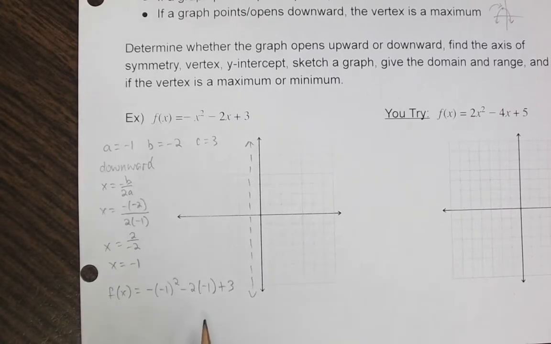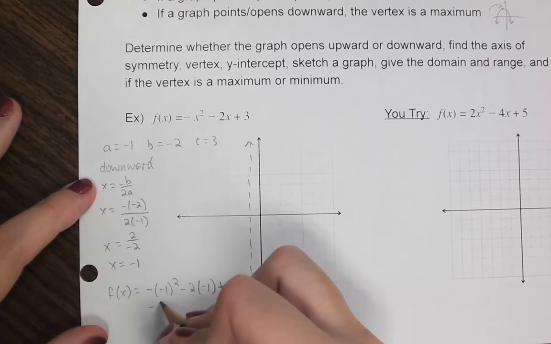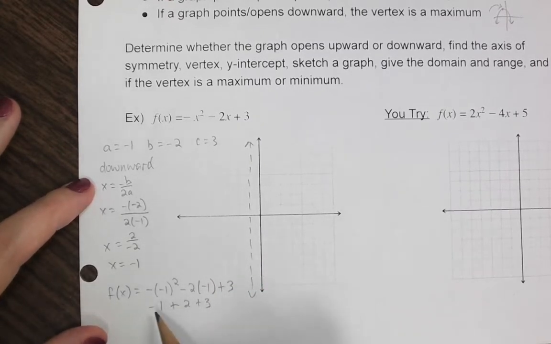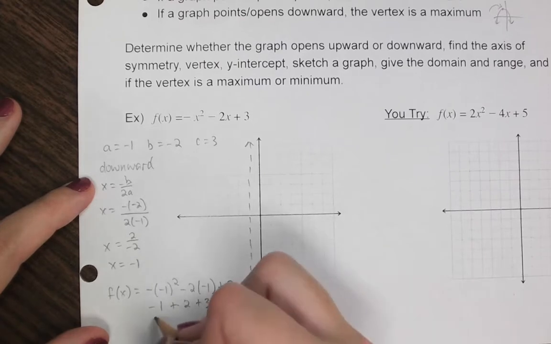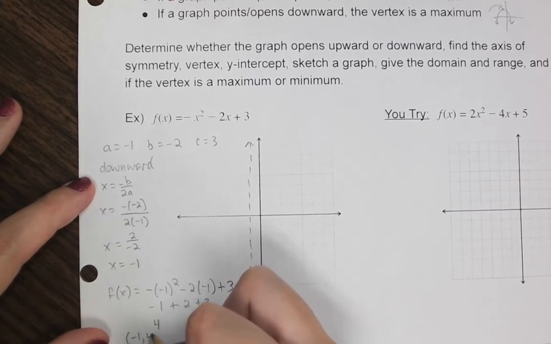If you want to do it by hand, make sure you do the order of operations. So like here, you have to square this first, which is going to make it +1, and then it has this negative, so that's -1, plus 2, plus 3. -1 plus 2 is 1. And 1 plus 3 is 4. So my vertex is (-1, 4).